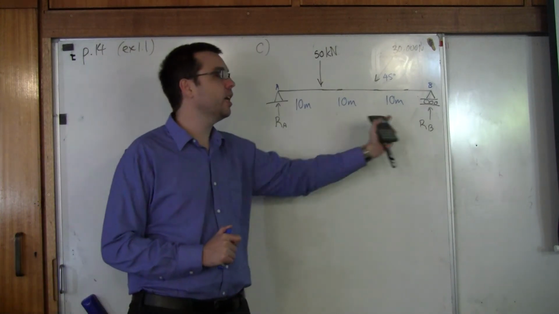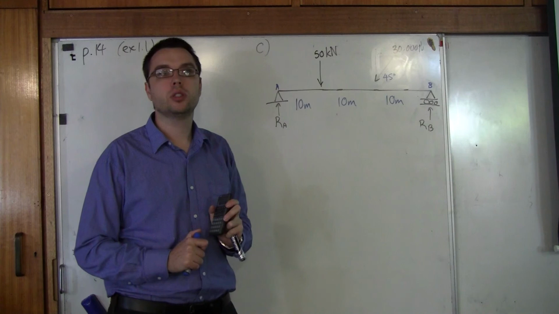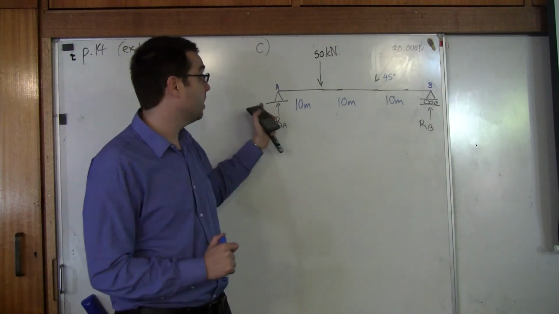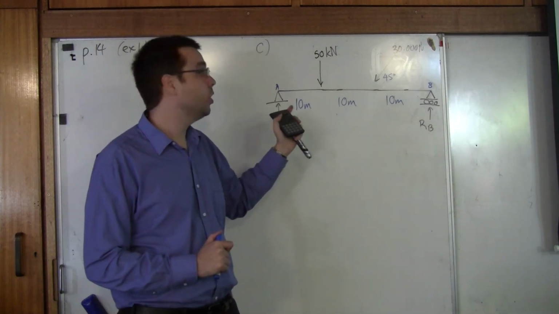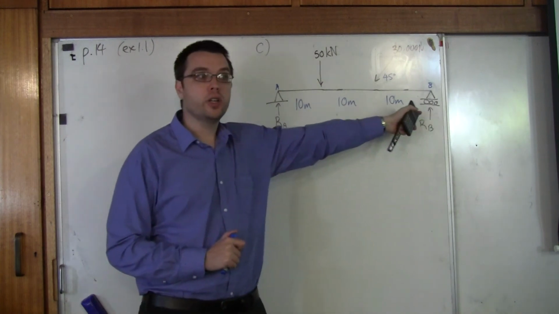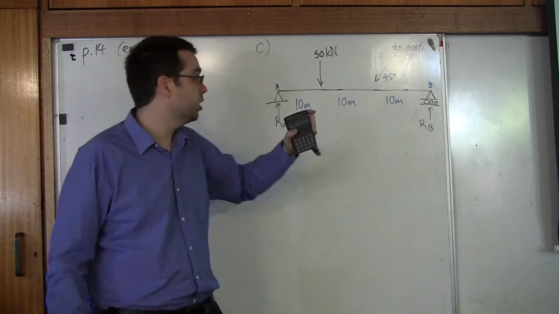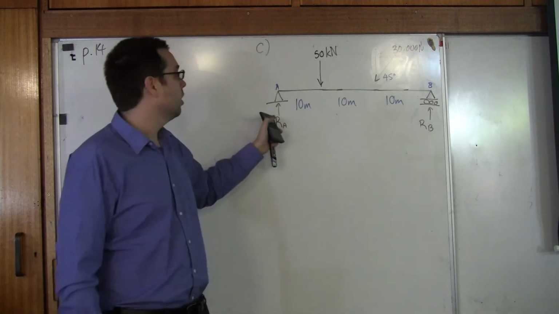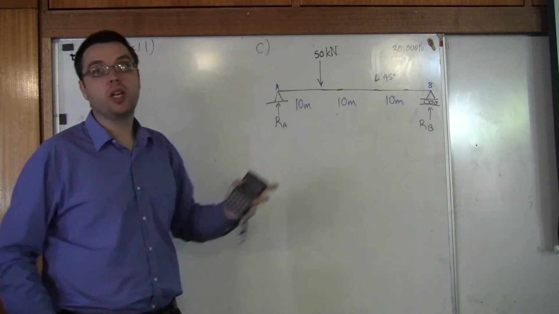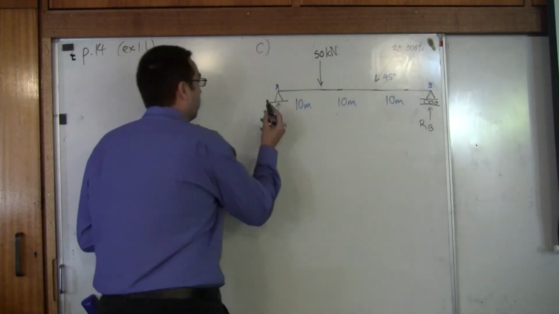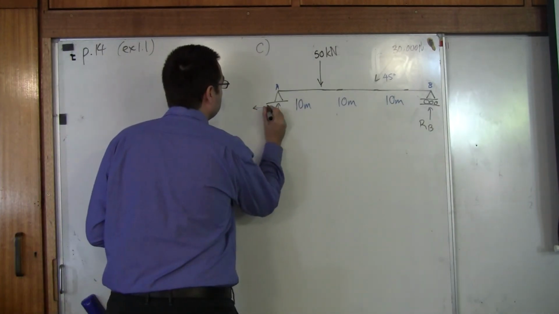Who of these can take a horizontal reaction? B. That's RA. Because Ricky the roller can't take horizontal. She just won't do it. She just refuses. Whereas Penny the pin, well, now we don't know which way she'll go, but she'll take the reaction.